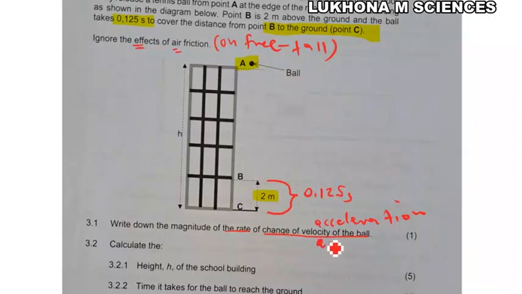Therefore, acceleration is 9.8 meters per second squared, and it's always downwards.